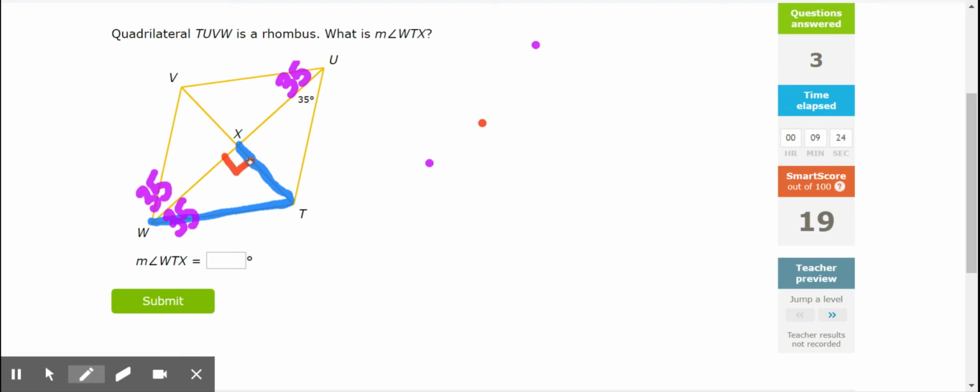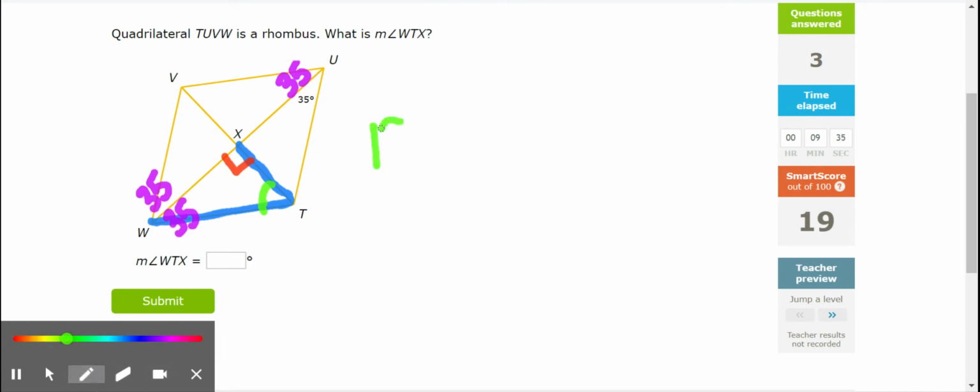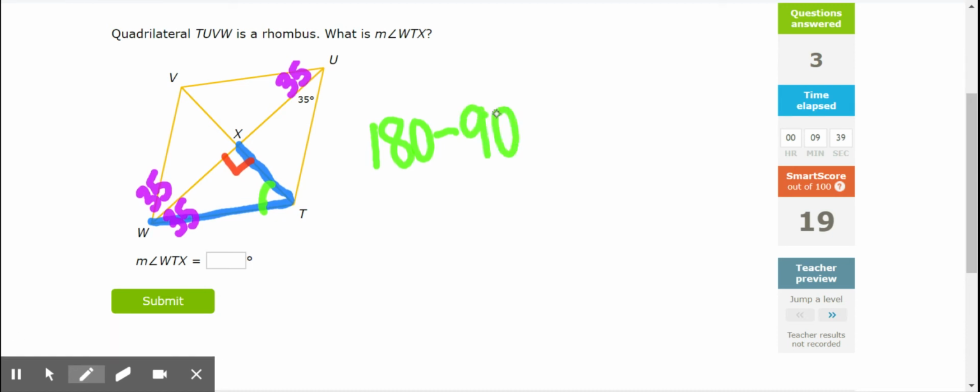So if I'm wanting to know this green part, I should just take 180 and subtract that 90 and subtract that 35, and I get 55 degrees.